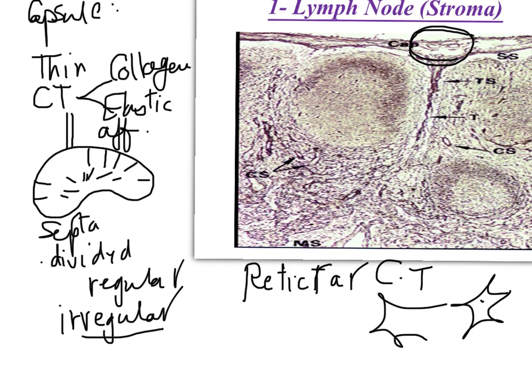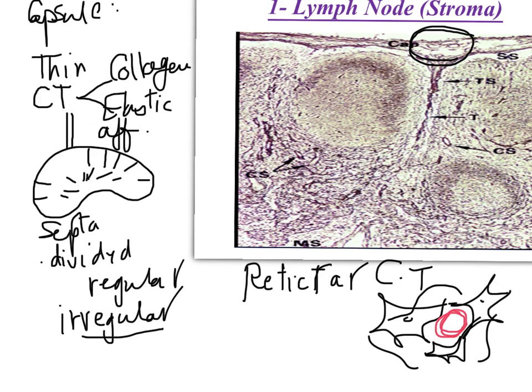The cells here have processes and join each other, forming a reticulum, and they have also the reticular fibers. So they form a background in the form of a network.